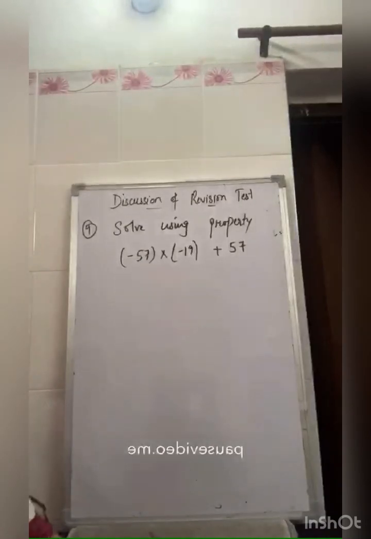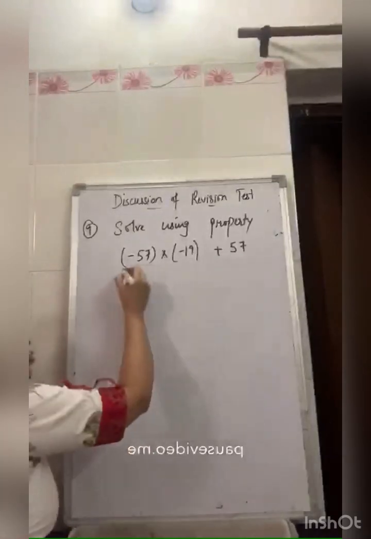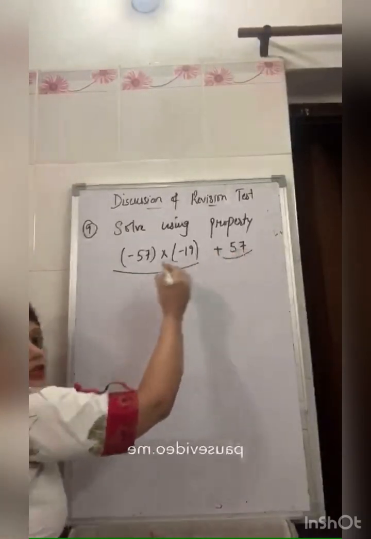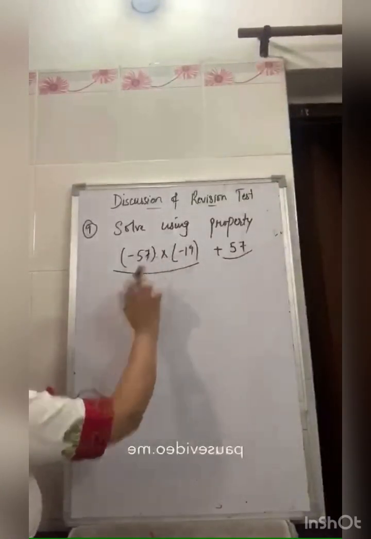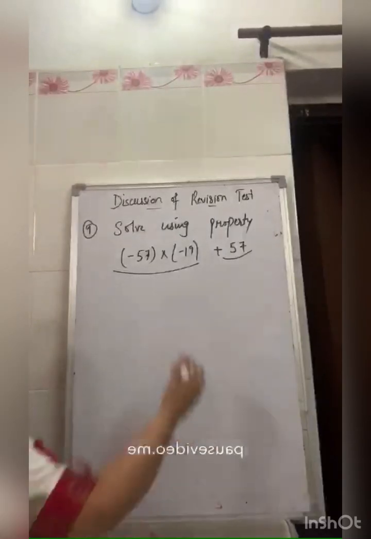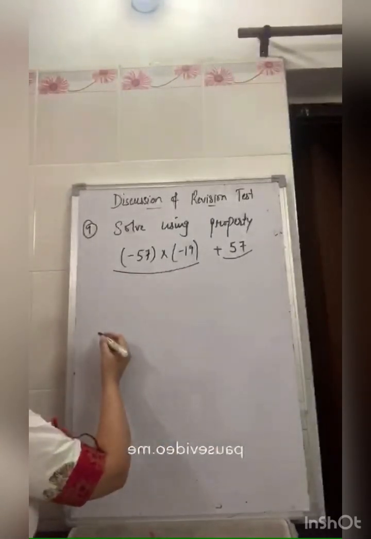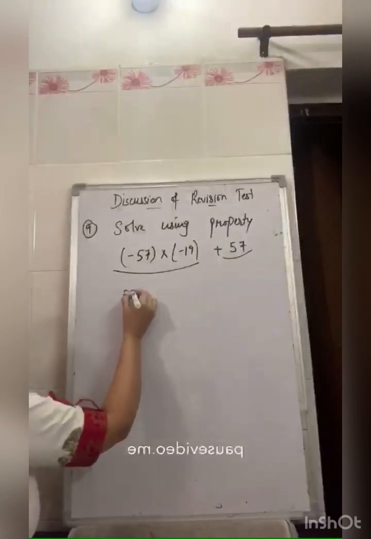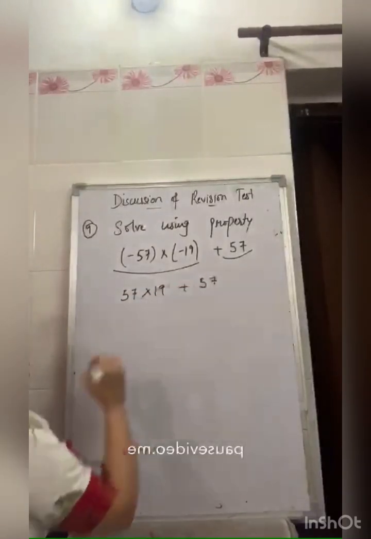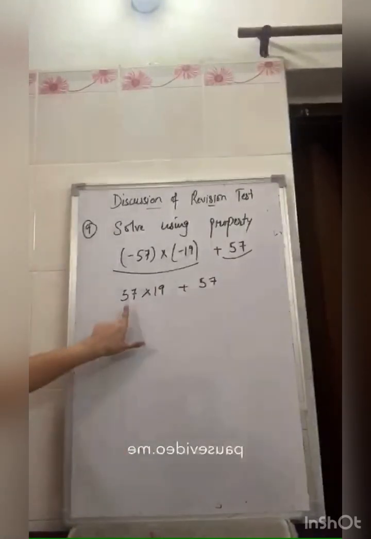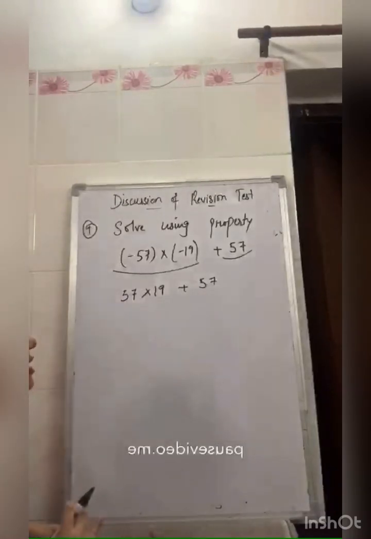Question number 9. Solve using property. Now we have to solve it. First of all, we can see in this question, this is one term and this is the other term, right? Now in this term we are having two negative signs getting multiplied, so we can multiply two negative signs and write 57 into 19 plus 57. Now again we can see there is 57 in this term and 57 in this term, right?